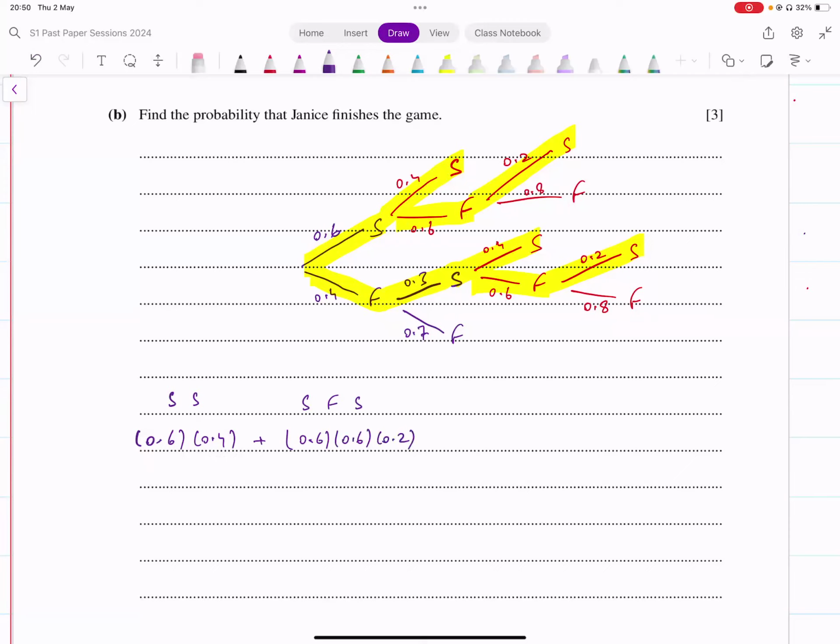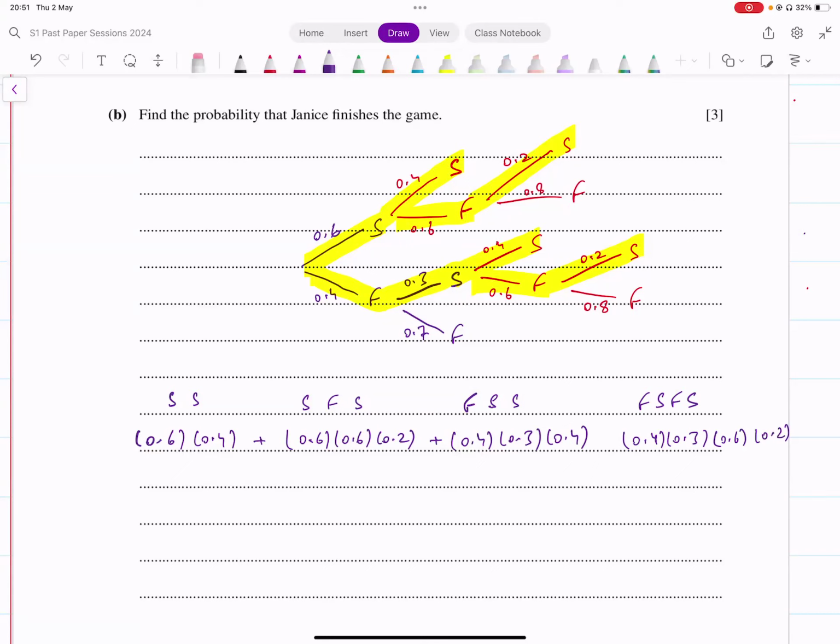And then the third part is fails, success, success. FSS. What's this? 0.4 into 0.3 into 0.4. And then finally, she fails, then is successful, then fails again, then again successful. And that gives us 0.4 into 0.3 into 0.6 into 0.2.